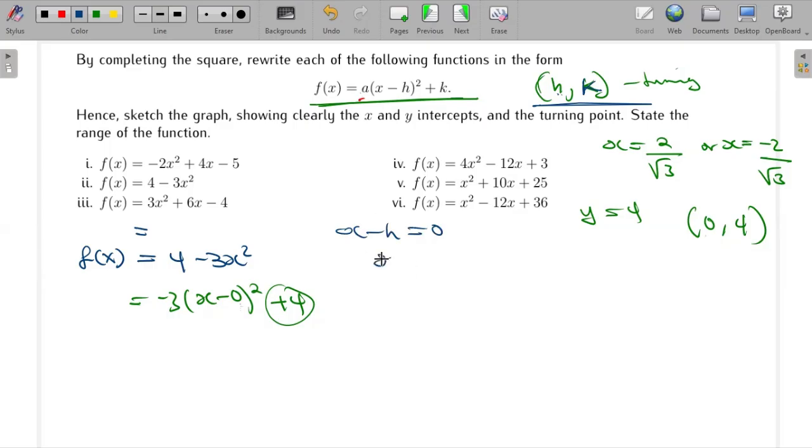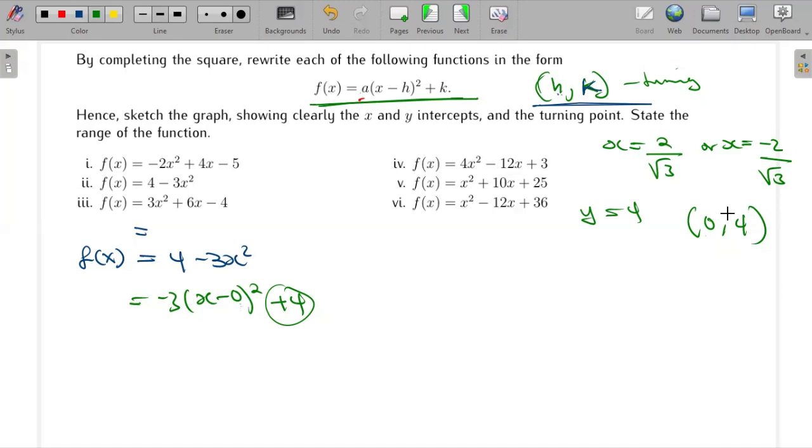And then you find that x is equal to h. So here, in short, x minus 0 equal to 0. It's just going to be 0 anyway. So that means that x is equal to 0. So that's what you're essentially doing there. Okay, so I hope that is clear of what we are doing there.